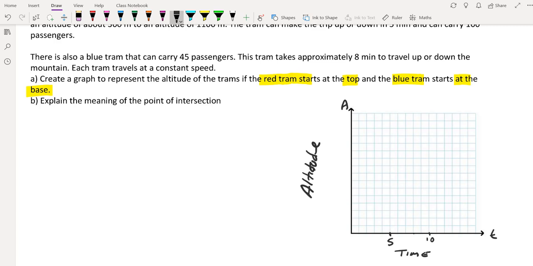So my altitude goes all the way up to the elevation of 1100 meters. So obviously we can't go up by ones, right? So if I go up by hundreds, I go 100, 200, 300, 400, 500, and this is going to be measured in meters, and time is measured in minutes, right?